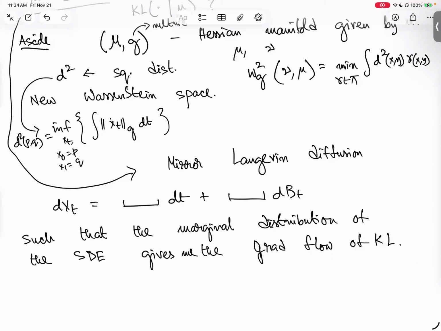Okay. So before I give you what this SDE is, let's ask this question. What happens when U of x is 1/2 norm squared? What is the process that I get?